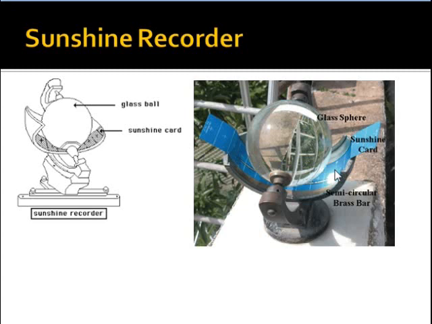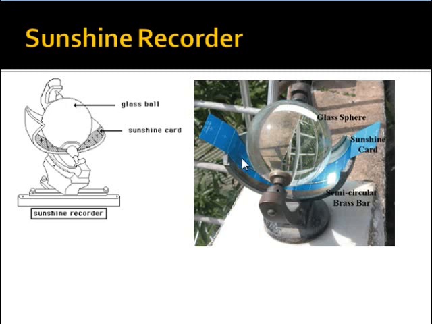When the sun rises, slowly the intensity of light rises, and it starts burning the sunshine card, and along the path of the sun till evening, say some 6 o'clock or 6:30, 7 o'clock, depending on the sunlight availability, it keeps on burning the card.